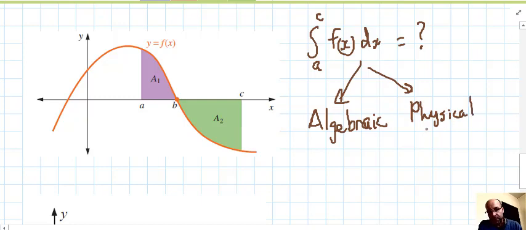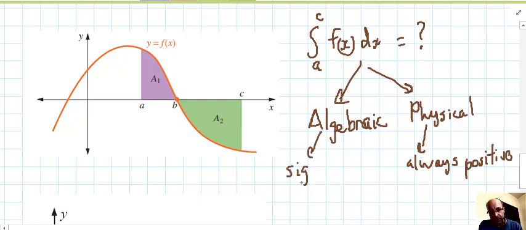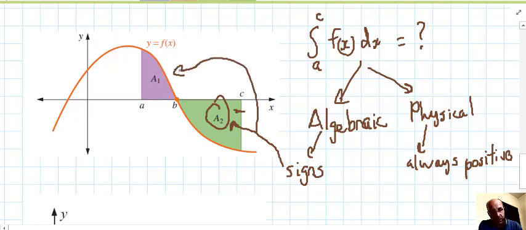Essentially, physical areas are always considered to be positive, regardless of whether they are above or below the x-axis, whereas algebraic areas have signs on them. So the sign of that will be negative because it's below the x-axis, and the sign of that one will be positive because it's above the x-axis.